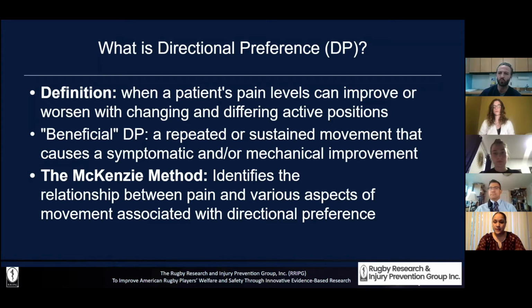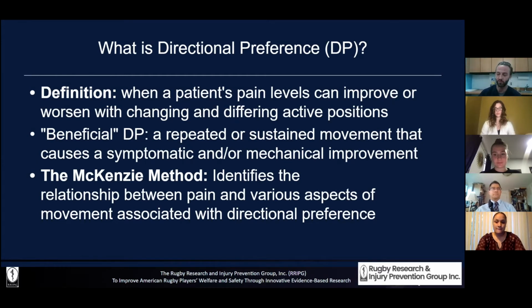A directional preference is basically when a patient's pain levels can improve or worsen with changing and differing active positions, right? A beneficial directional preference would be a repeated or sustained movement that causes a symptomatic and/or mechanical improvement.